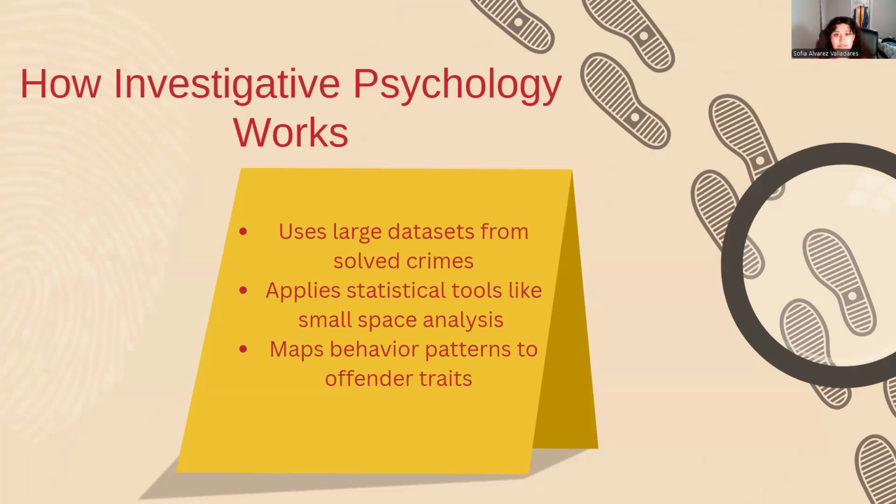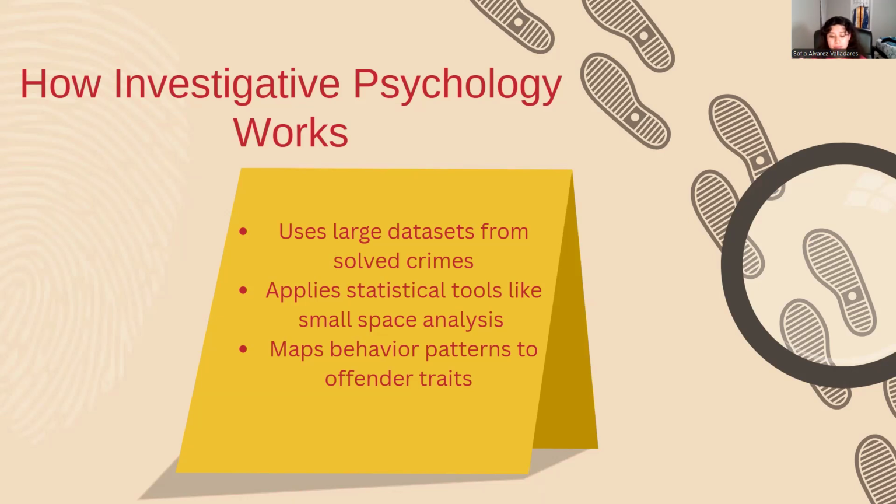So, how does investigative psychology work? Investigative psychology works with a large database or data set drawn from criminal cases. By analyzing these data sets using techniques called small space analysis, they identify consistent behavioral traits and patterns that correlate with certain offender characteristics, such as with the Mad Bomber case or any other case that has the same scientific analysis and behavioral patterns.